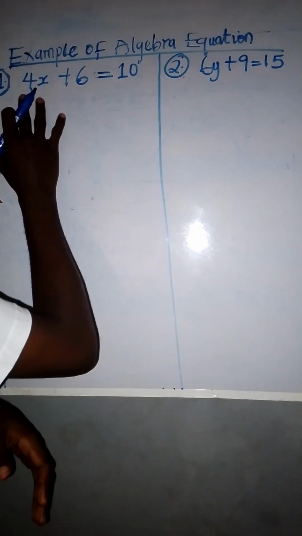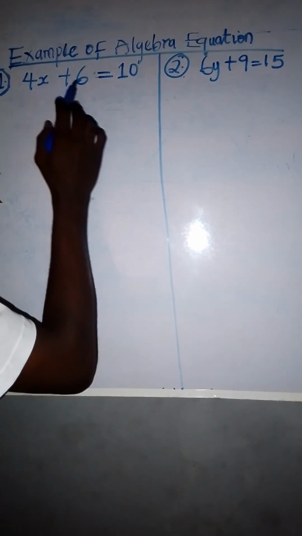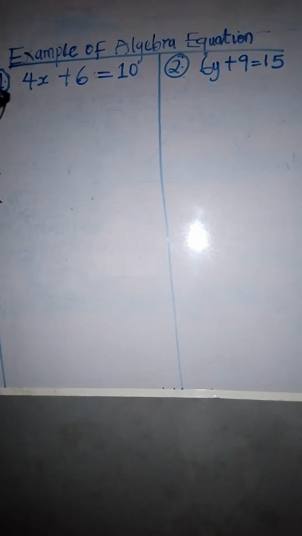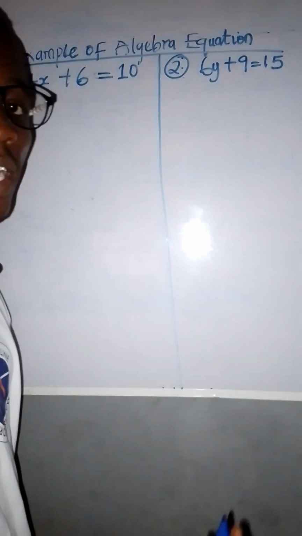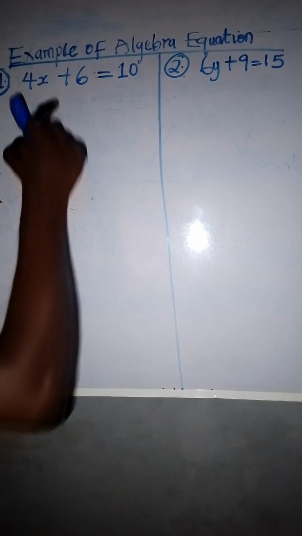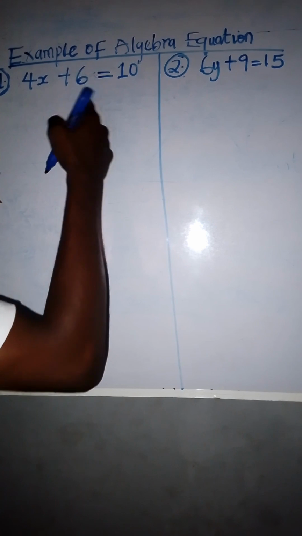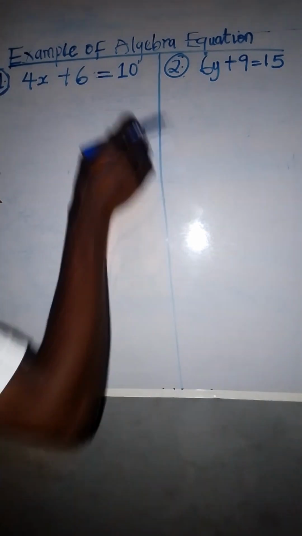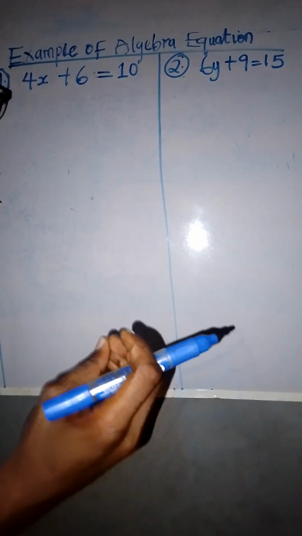So from this particular one now, we have the 4x plus 6 equal to 10. This 4 is a coefficient. Like I explained in the previous video, I said it's a coefficient. Why? Because it was attached to what? A variable, which is the letter x. Then this 6 here and this 10, they are both constants. Why? They are not attached to any variable.